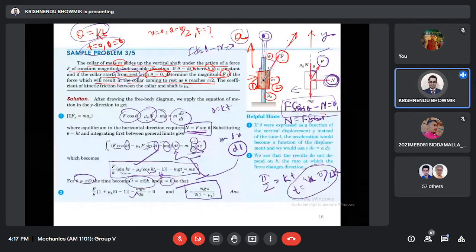We have to assume one thing. Say this is the collar shaft. If I apply this F, try to understand this F, then contact will be here. Correct?